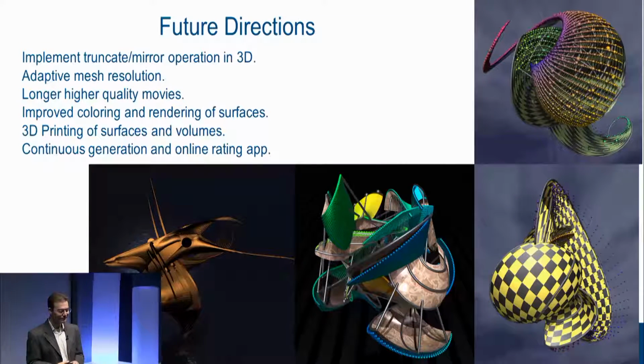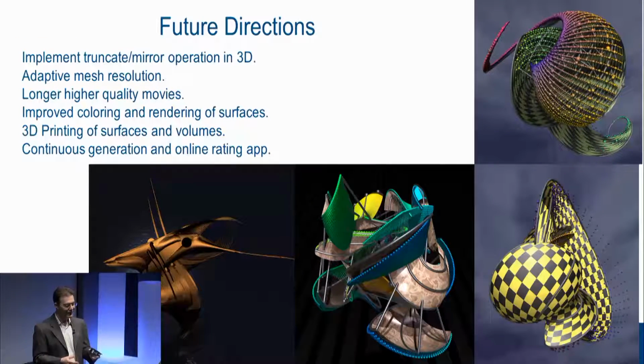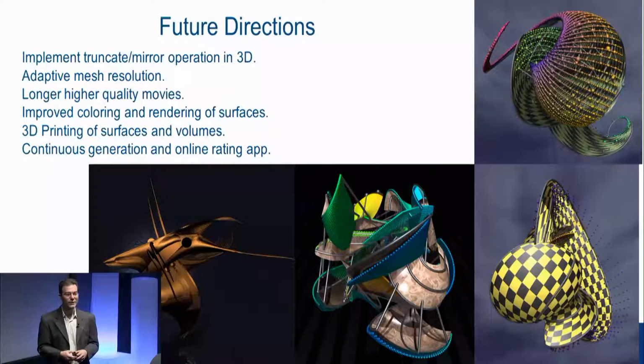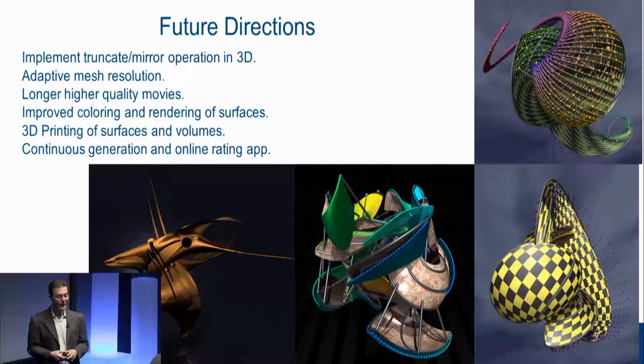And then the other thing that I've toyed with and almost have ready is a continuous generation online rating app. All the Pipeline Pilot protocols generate web pages that the user, me, interacts with, and so it's possible to set it up so that every time one image is rated, another one gets generated.